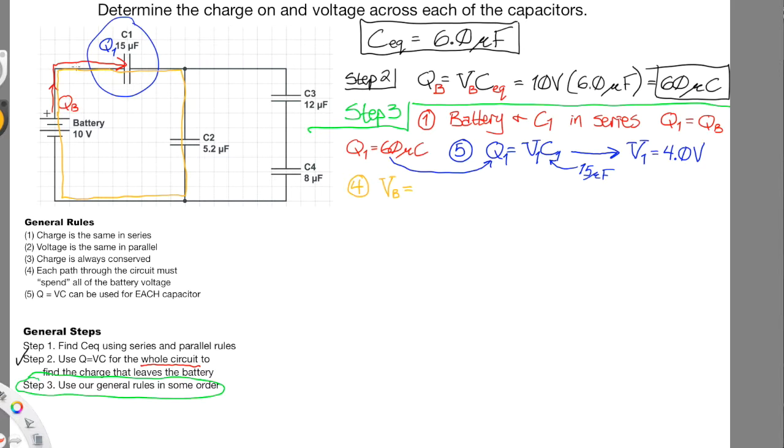The first thing we encounter on this orange path is C1. So some of that battery voltage will be spent at capacitor 1, and then the rest of it has to be spent at capacitor 2, because on this particular path through the circuit, there are only 2 places to spend our voltage, capacitor 1 and capacitor 2. Well, we know the battery is 10 volts, and we already found V1 is 4 volts. So this tells us that the voltage on capacitor 2 is equal to what's left, 6 volts.